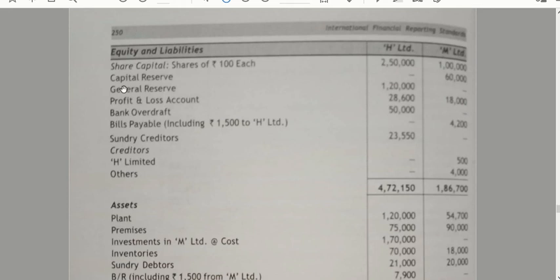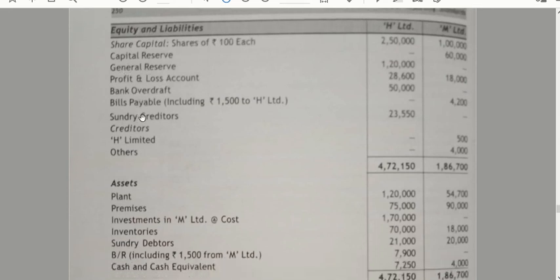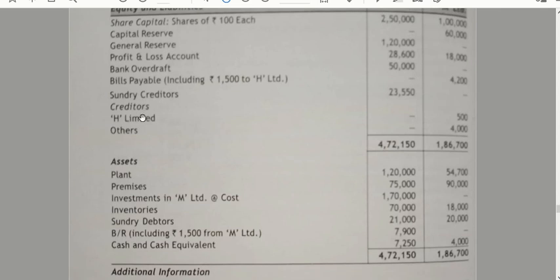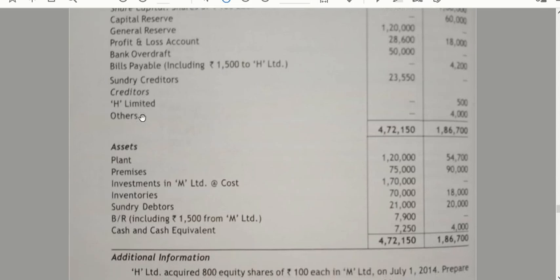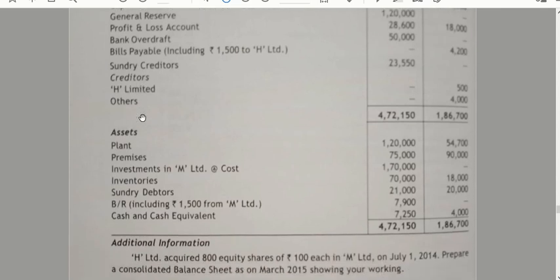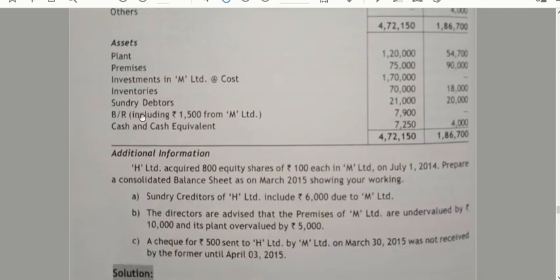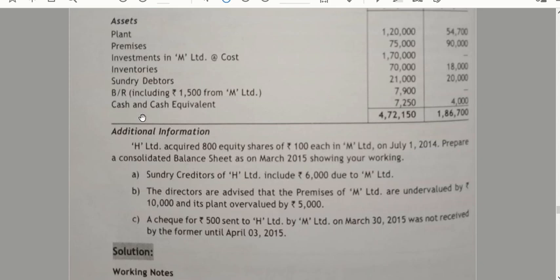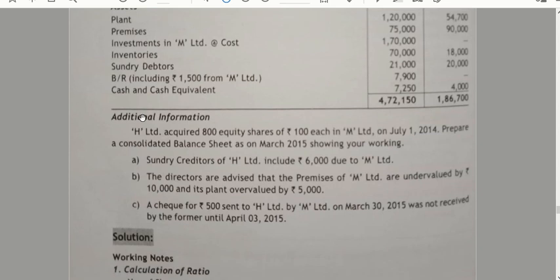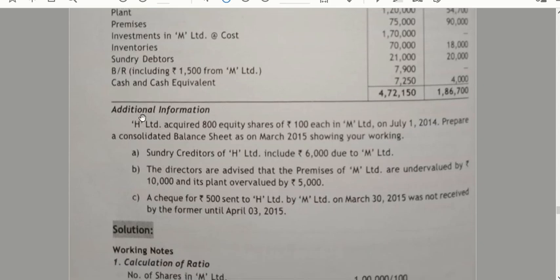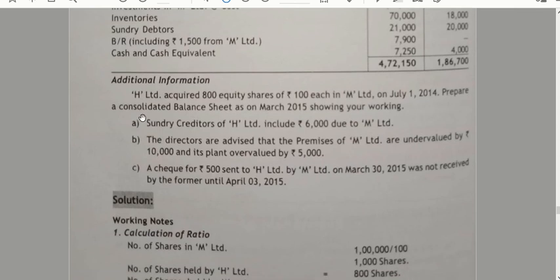Under that we have share capital, capital reserve, general reserve, profit and loss account, bank overdraft, bills payable, sundry creditors. Under that we have creditors, H Limited, others. And we have the asset side: plant, premises, investment in M Limited at cost, inventory, sundry debtors, bills receivable including 1,500 from M Limited, cash and cash equivalent. H Limited acquired 800 equity shares of rupees 100 each in M Limited on July 1st, 2014.